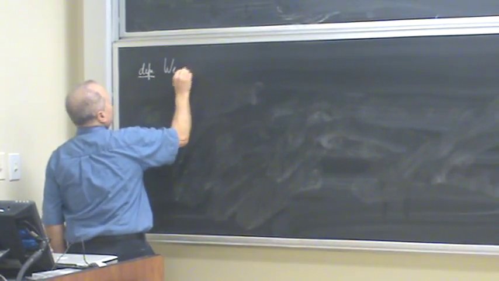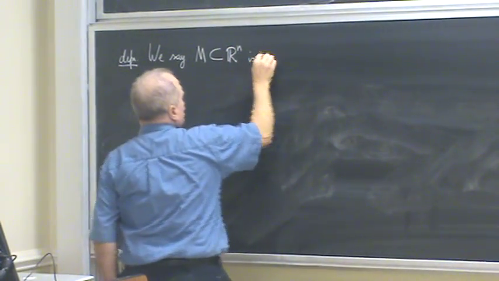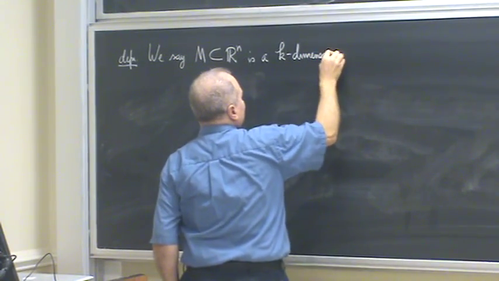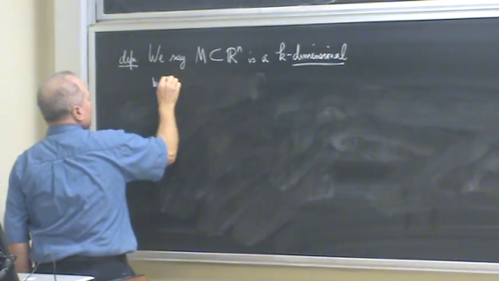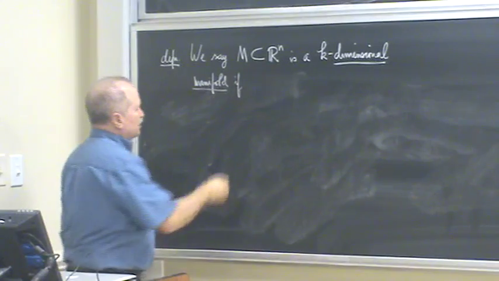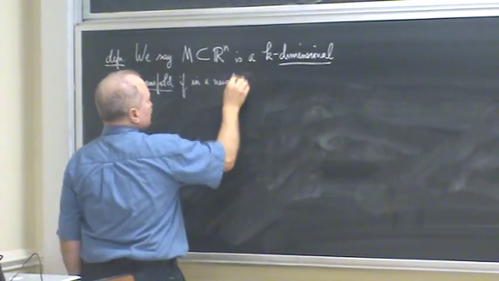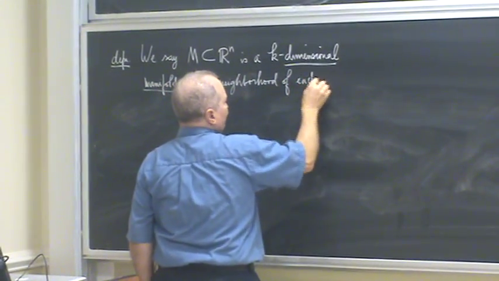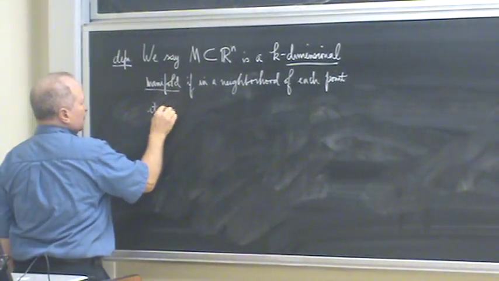You say M sitting inside Rn is a k-dimensional manifold if in a neighborhood of each point it can be represented.